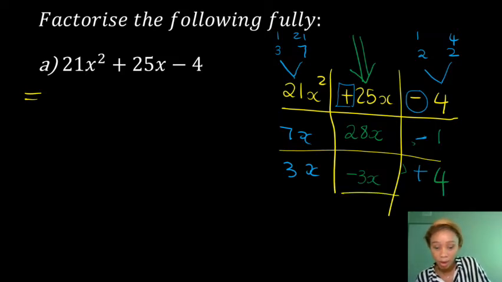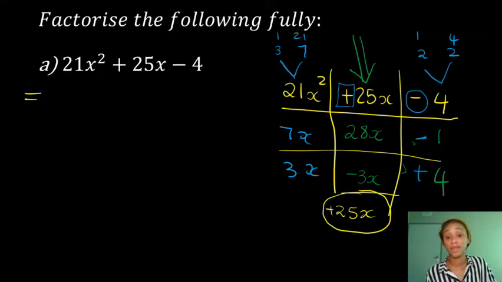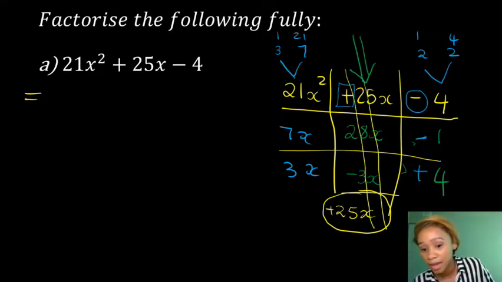Right, it gives me positive 25x. Now, as you can see, guys, the term at the top is exactly the same as the term at the bottom. So I can cancel this off. I'm done with it. It has served its purpose.